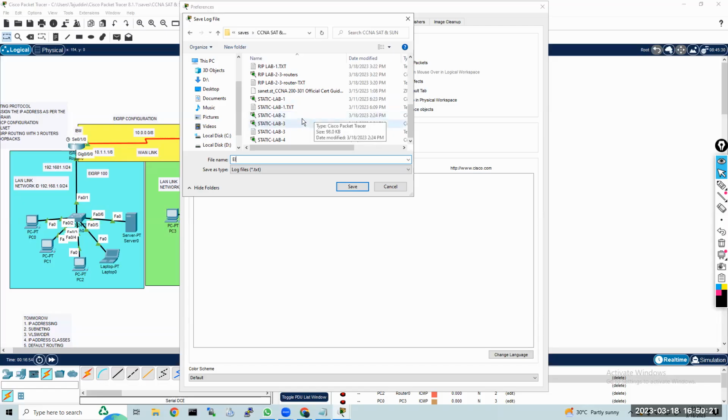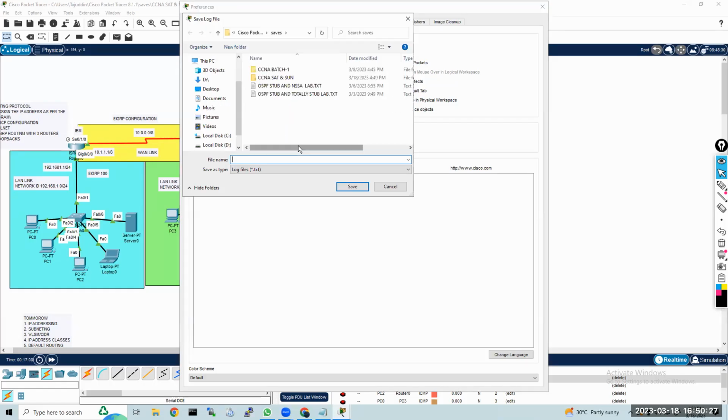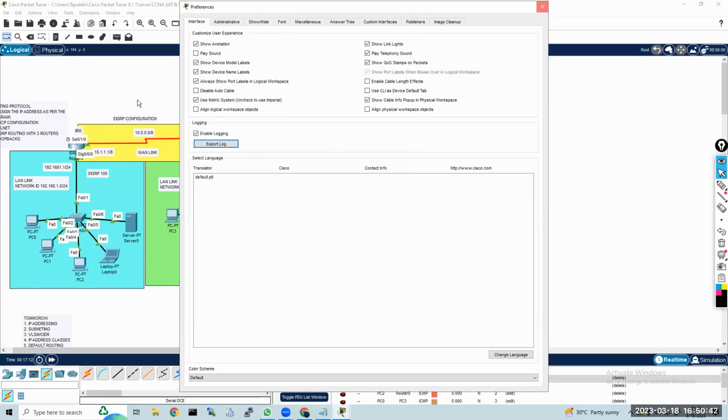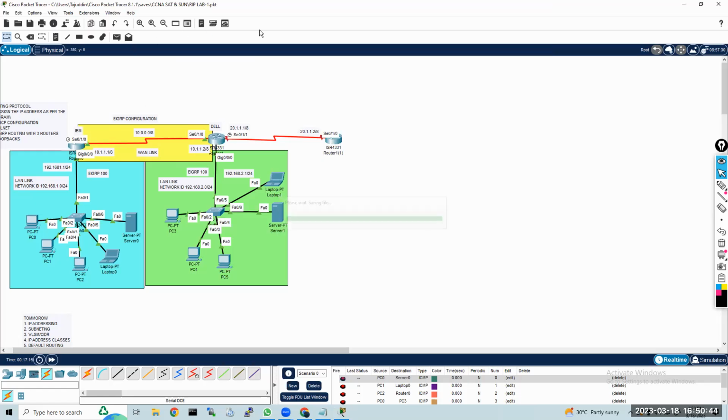Where is the EIGRP file now? What is this file name?